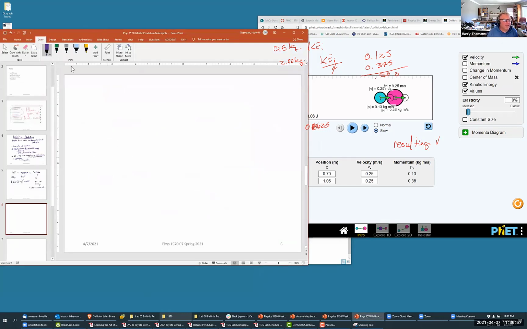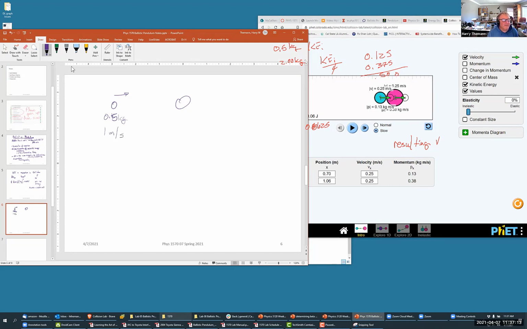So we had one mass going into the larger mass, and it was 0.5 kgs, 1 meter per second.